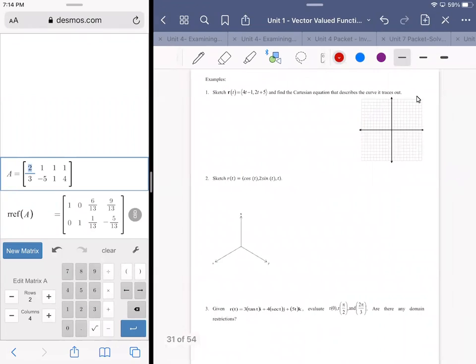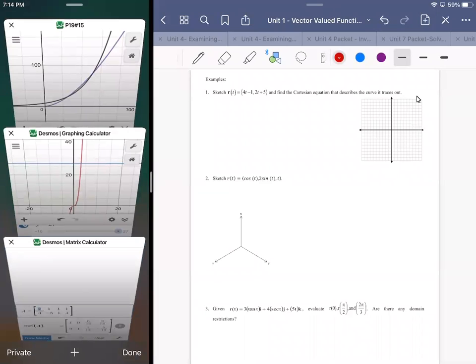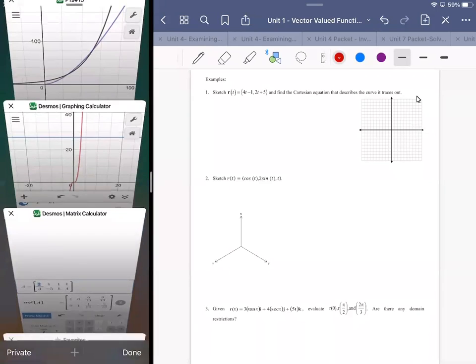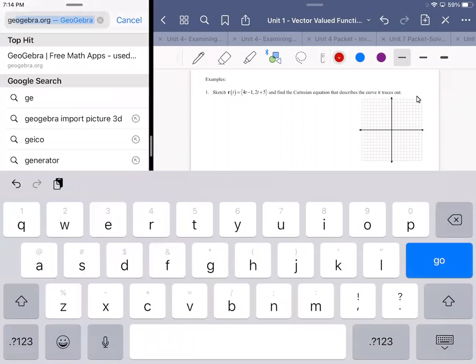All right. So the sketches are pretty easy, but they're also kind of a different problem for a different day in terms of doing it by hand. What I will show you is how to do it on GeoGebra. Right. Because that's where our focus should be at this point, just getting the graphs rather than spending the time to try to make them by hand.